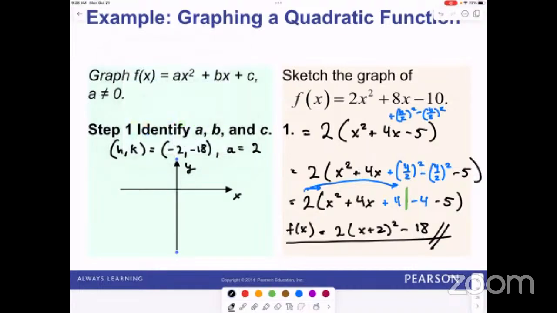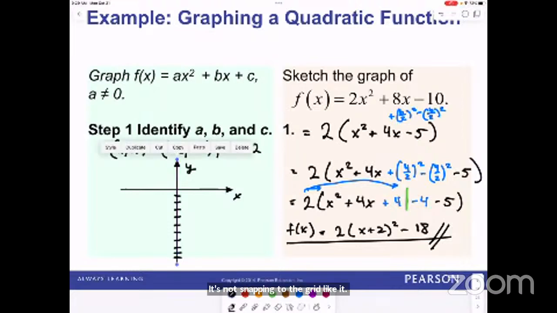So -2, -18. Let me see. If I go 2, 4, 6, 8, 10, 12, 14, 16, 18, 20. Okay, let's see if I can extend that. It's not snapping to the grid like it normally does, but I guess I can work with it. 2, 4, 6.